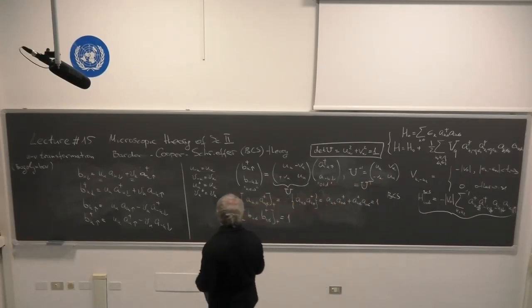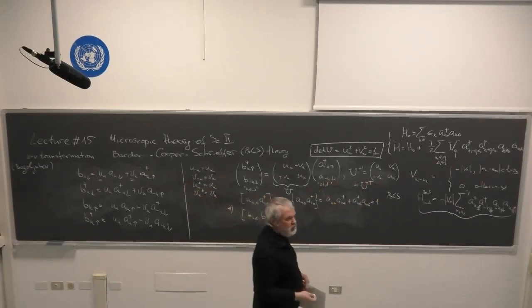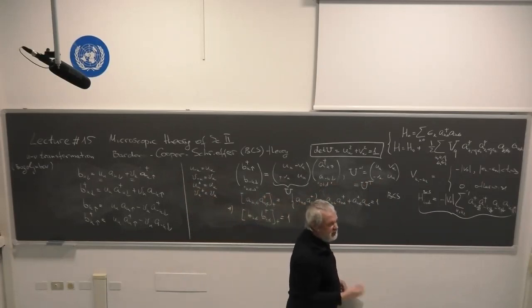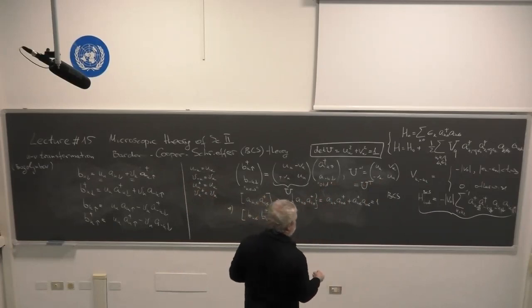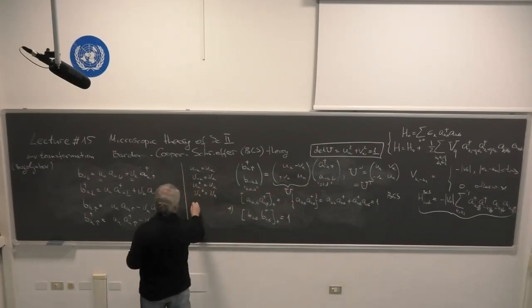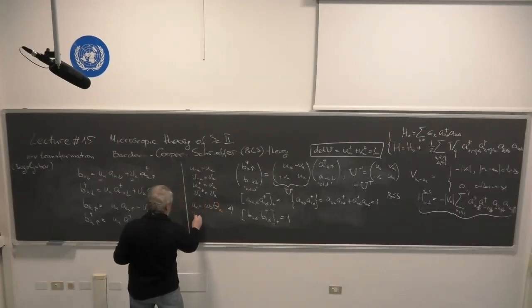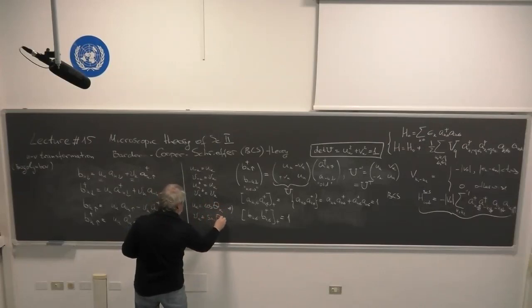Orthogonal means that I have the freedom to choose these coefficients real, and matrix U is real. Orthogonal transformation means that this is a rotation. Without losing generality, using this condition, I can say that u_k is the cosine of angle theta_k, and v_k is the sine of angle theta_k.